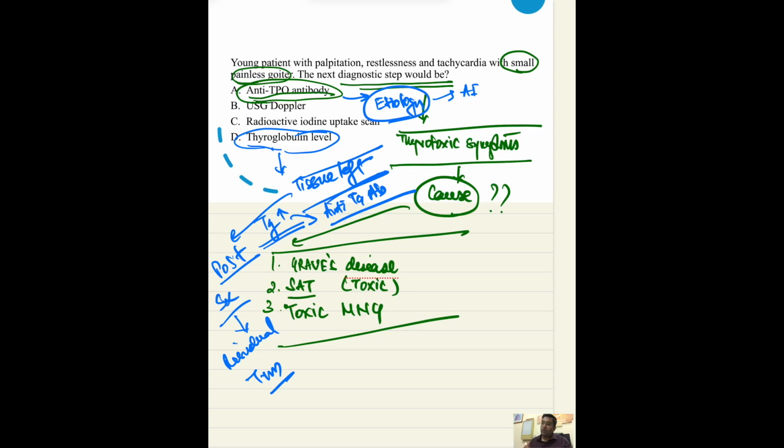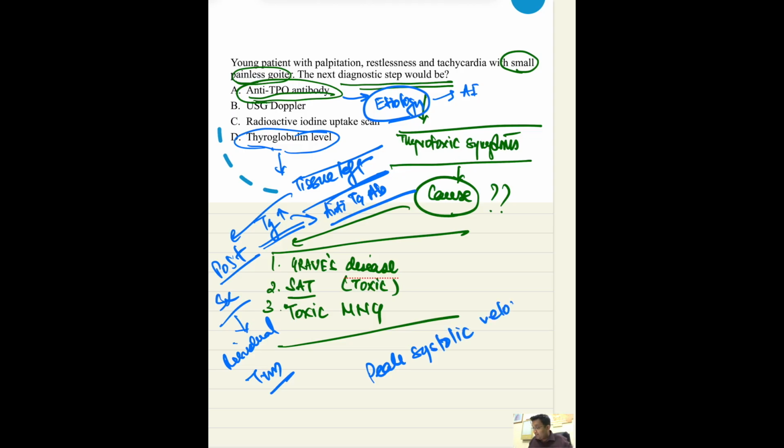Now we come to USG Doppler and radioactive iodine uptake scan. So in USG Doppler, in resource limited settings, what we do is we look at the peak systolic velocity of the inferior thyroid artery.